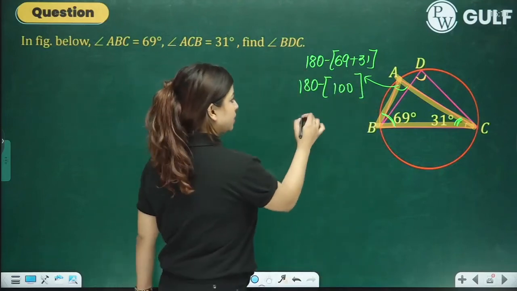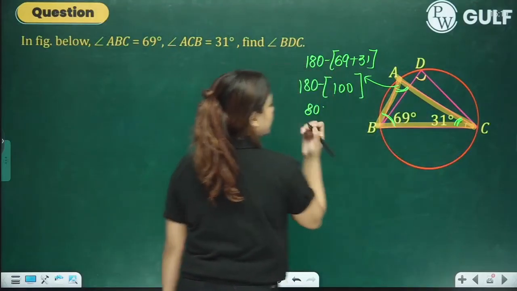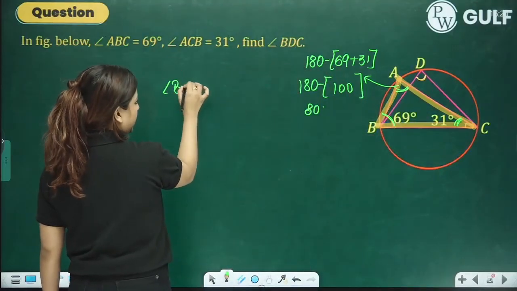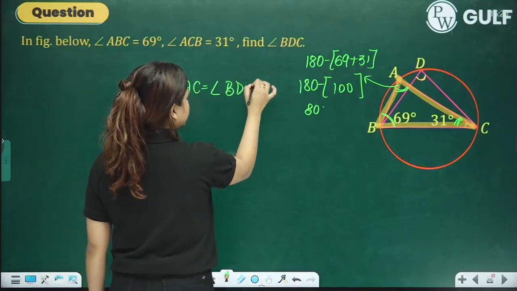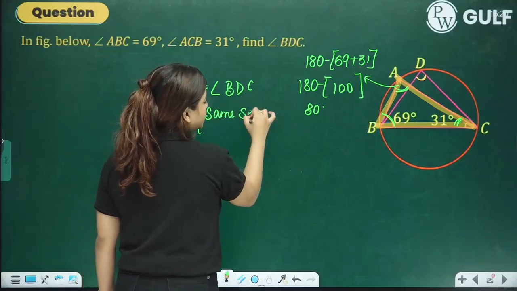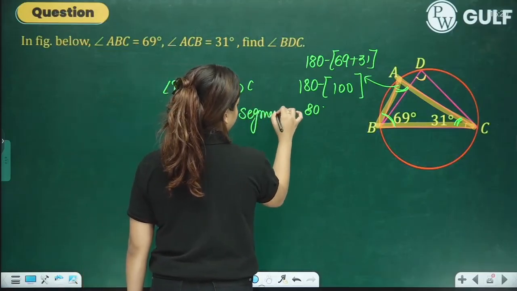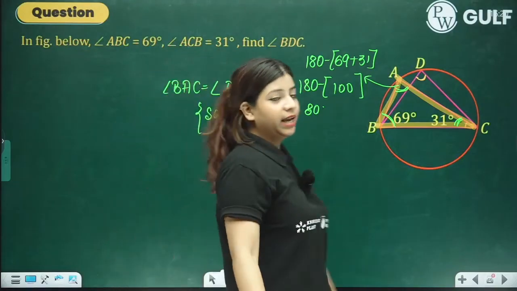So this will give us 80 degrees. If this angle is 80 degrees, we can say that angle BAC will be equal to angle BDC. Why can we say that? Because these are angles in the same segment, and angles in the same segment are equal. So angle BDC will also be 80 degrees.